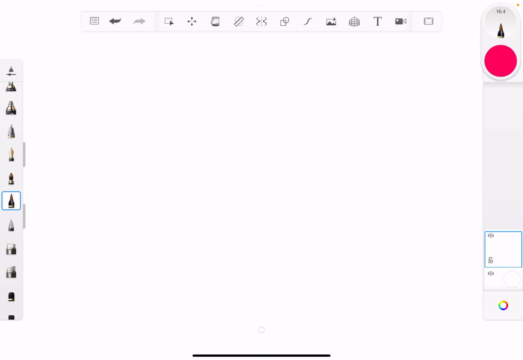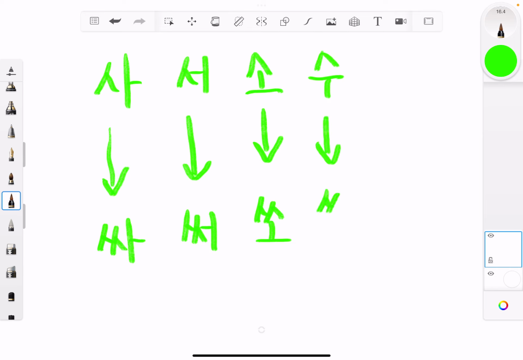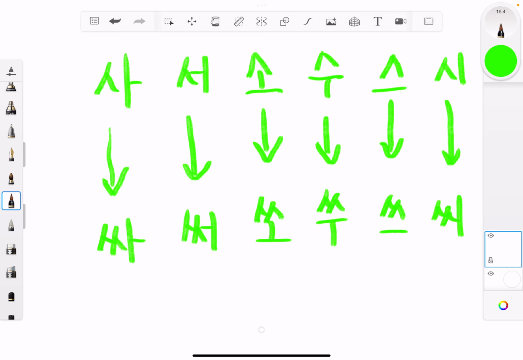And let's do another one. We'll just keep going. 사 becomes what? 싸. 서 becomes 써. 소 becomes 쏘. 수 becomes 쑤. 스 becomes 쓰. 시 becomes 씨. Okay?